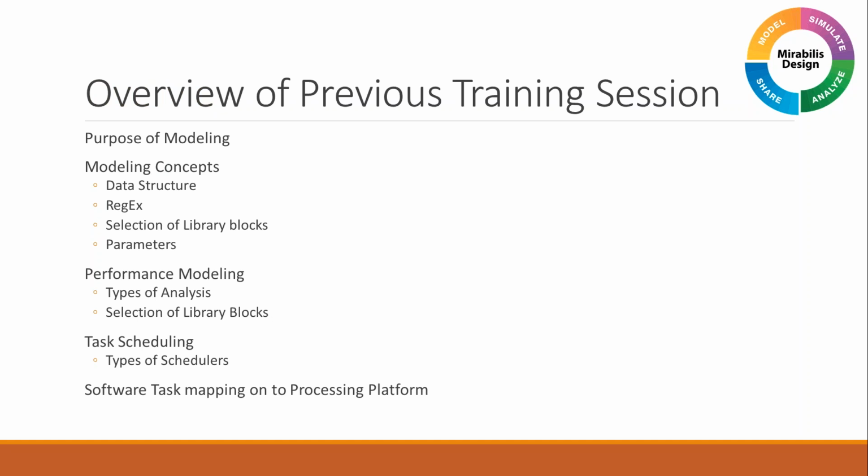Quick overview. VisualSim runs everything on a concept of data structures or transactions. The data, the control, handshaking, logic, anything that flows through the model flows in the concept of a data structure. A data structure is similar to a C-like struct, which has a number of field names and associated values for it. Another concept in VisualSim is the logic or the RegEx.